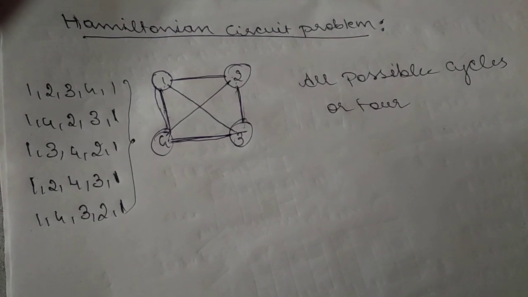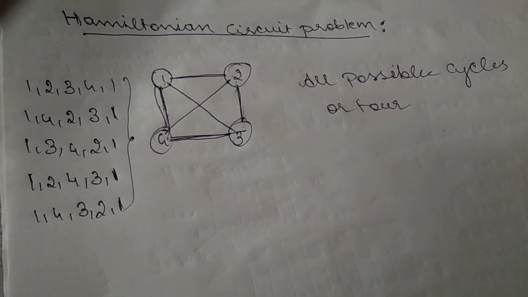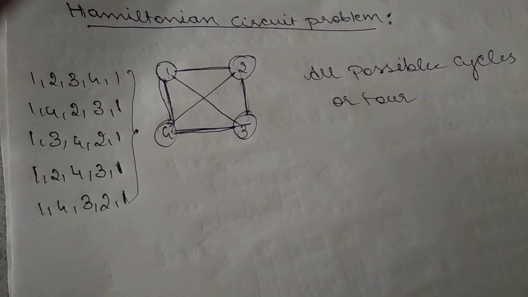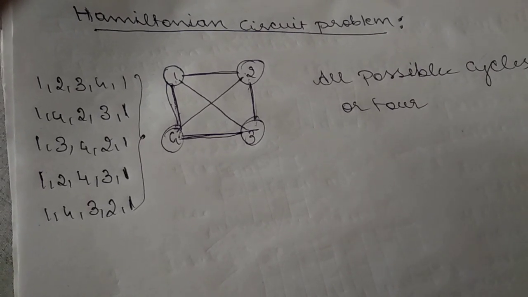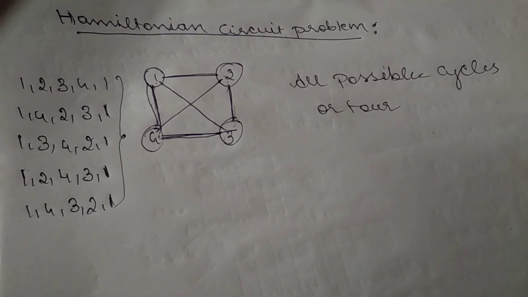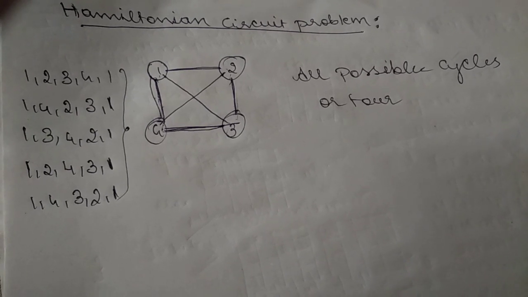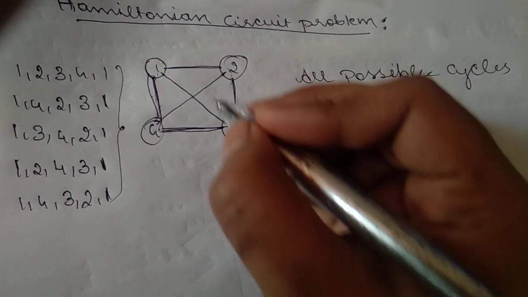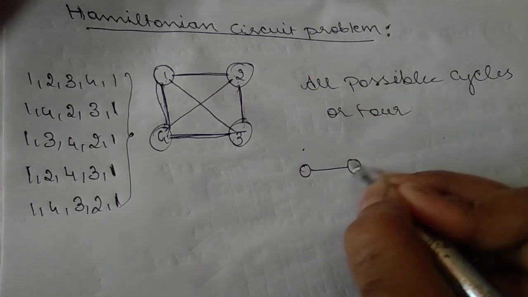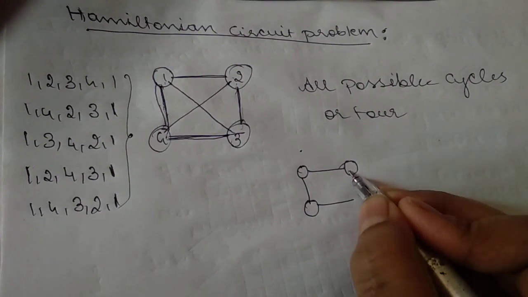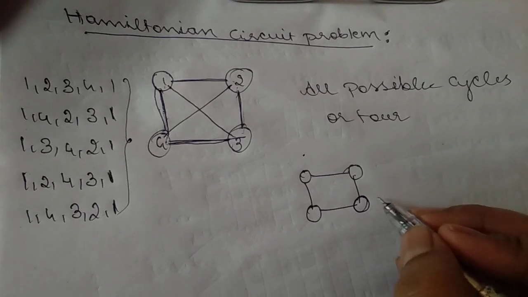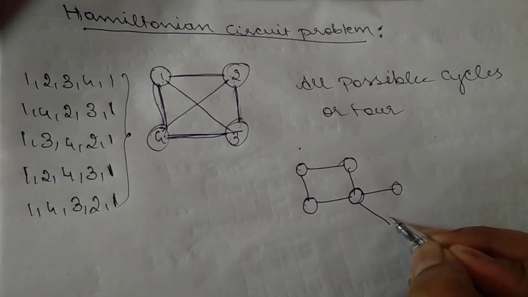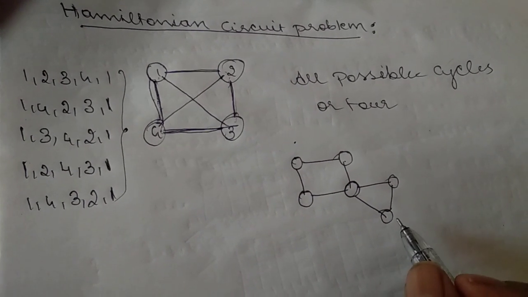One more thing you have to remember: if you have any articulation point or any pendant vertex, then the Hamiltonian circuit problem is not possible. What do you mean by an articulation point? For example, I have a graph like this, and to this graph one more is attached.